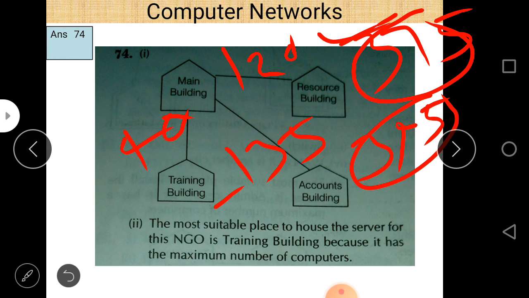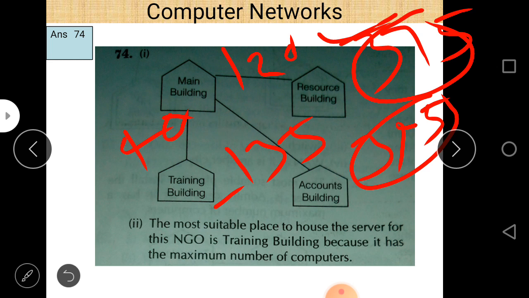If this type of calculation is done, then your answer is correct. Otherwise there is an incorrect answer. So first of all, try to connect all these buildings to each other, and make different solutions for how you can reduce the cable length, connecting all these buildings directly or indirectly to each other.